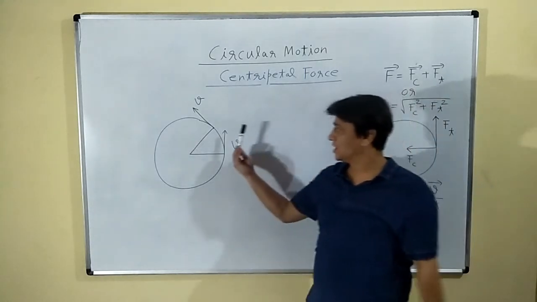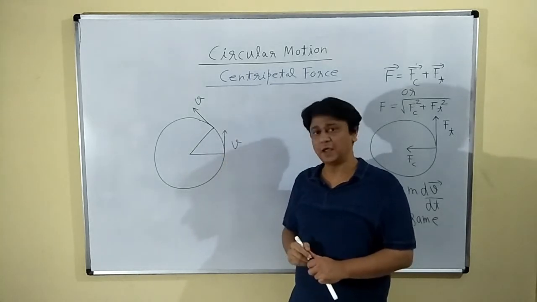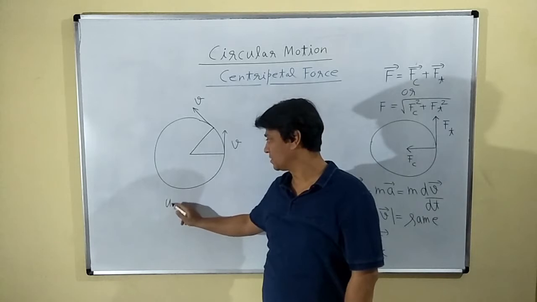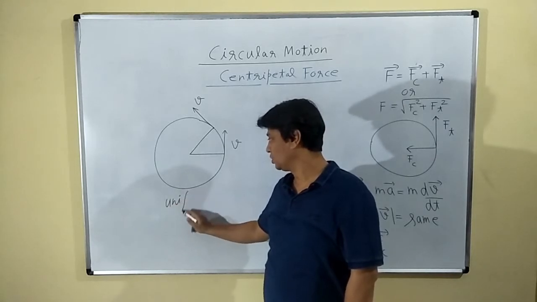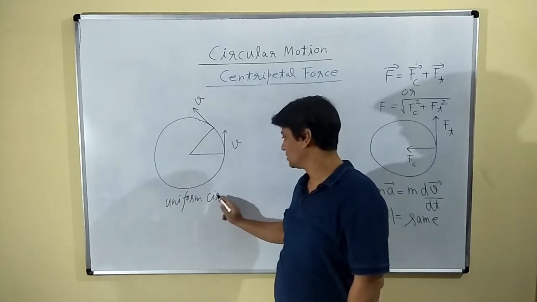Now, this is V, this is V, then this type of circular motion has a special name and you already know it. We call it what? Uniform circular motion.